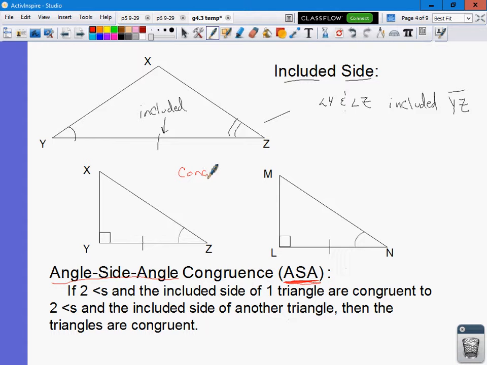So we can write a congruent statement for these two triangles. Remember, the order of the first triangle does not matter. If I go x, y, z, no mark on an angle, to the right angle, to the one mark, what's the order of the other triangle got to be?